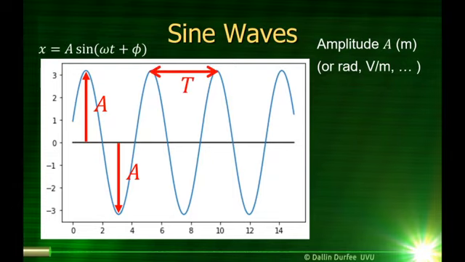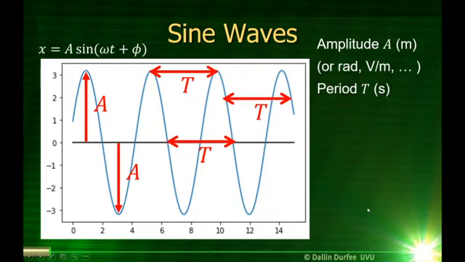Now, this distance from peak to peak is what we call the period, T. So the period is the time it takes for the wave to repeat. If I go from one peak to the next peak, the time between them is one period. One trough to the next trough is also one period. Or one crossing zero as we come down to the next crossing zero as we come down is also a period.